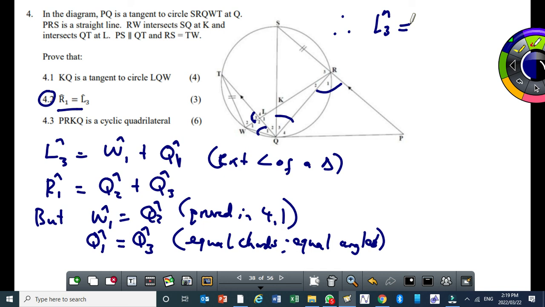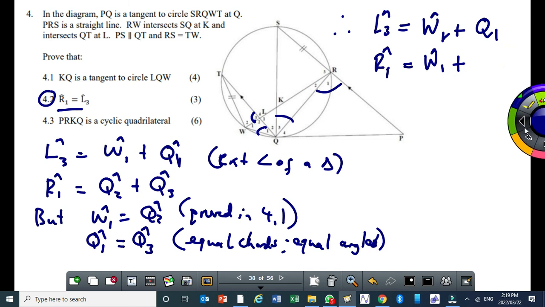So I can say W1 plus Q1, and angle R1 is equal to Q1. So this is W1, because Q2 is equal to W1, remember. And then Q1 is equal to Q3, so I can put Q1 there. Therefore, L3 is equal to R1. Okay, we'll carry on tomorrow.